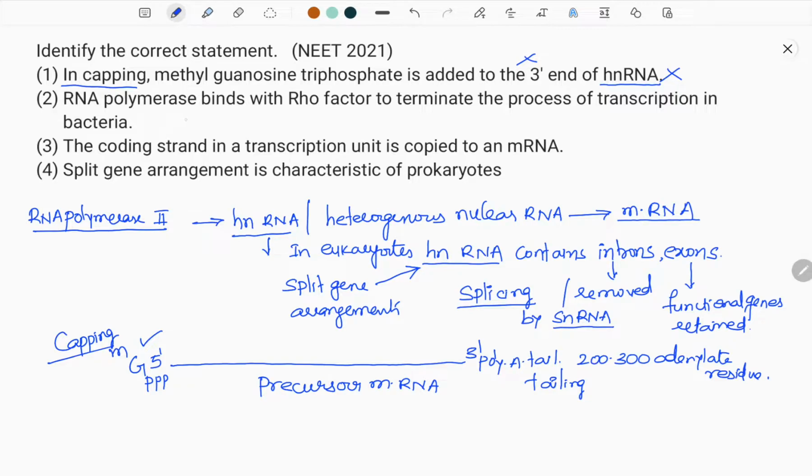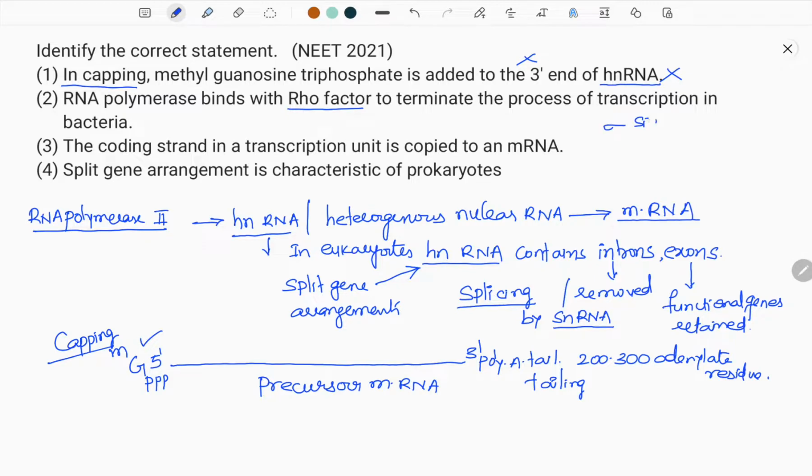Second statement, RNA polymerase binds with Rho factor to terminate the process of transcription in bacteria. Remember always, RNA polymerase is meant for polymerizing the nucleoside triphosphates to form that mRNA. So here two factors are there. One is the sigma factor, another is the Rho factor. Sigma factor is called the initiator factor, Rho factor is called the terminating factor.